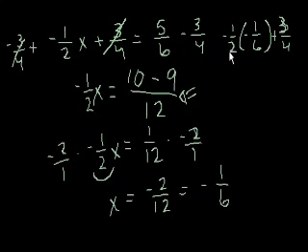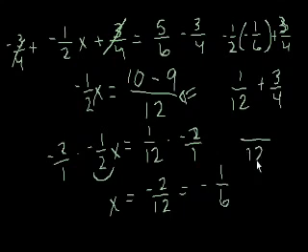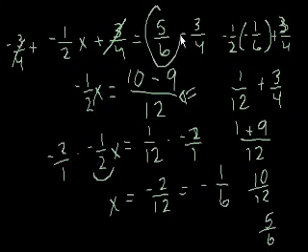So minus 1/2 times minus 1/6, well, that's positive 1 over 12 plus 3/4. Well, that's the same thing as, over 12, the 1 stays the same, plus 9. 1 plus 9 is 10 over 12, and that is equal to 5 over 6, which is what our original problem was. So the problem checks out.